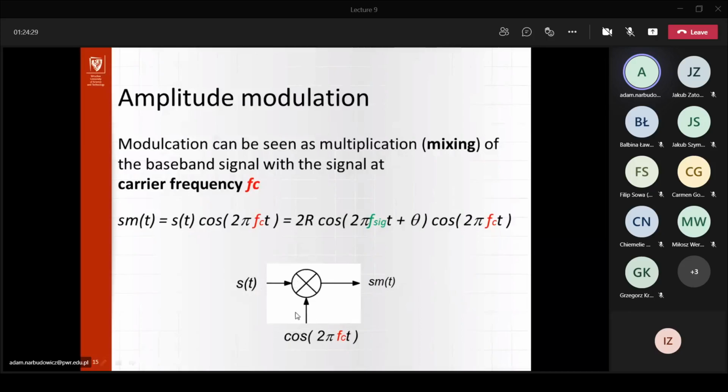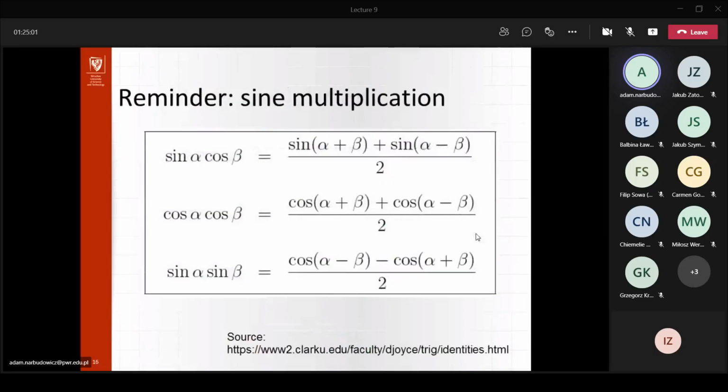It takes two signals as inputs, multiplies them, and produces at the output the modulated signal SM. Again, we have the 2R amplitude of the cosine 2 pi f_sig t plus theta, our signal that we want to modulate, multiplied by the carrier, the radio signal at the frequency at which we want to perform the modulation.